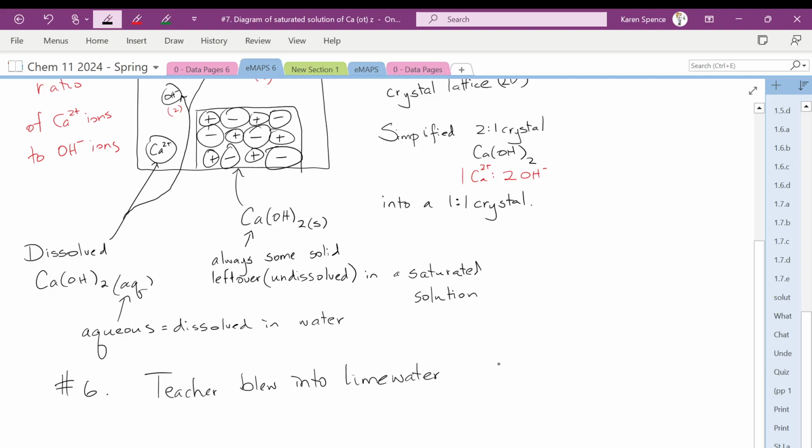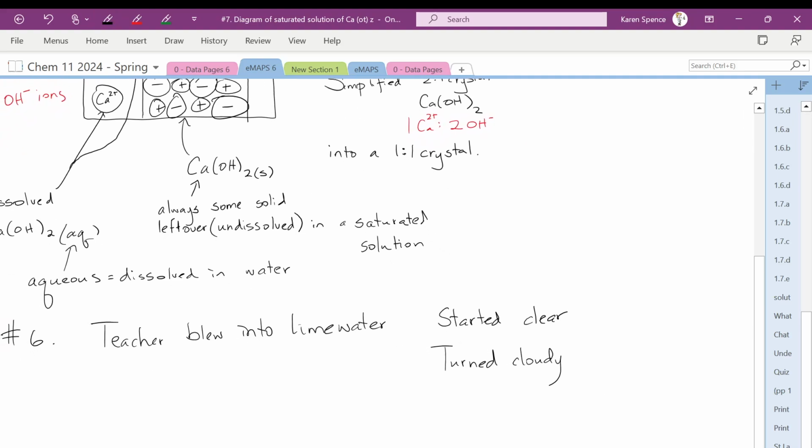Yeah, it started clear, turned cloudy. So when it was clear, what kind of a substance did we have? Tell your partner, what kind of a substance did we have when it was clear?